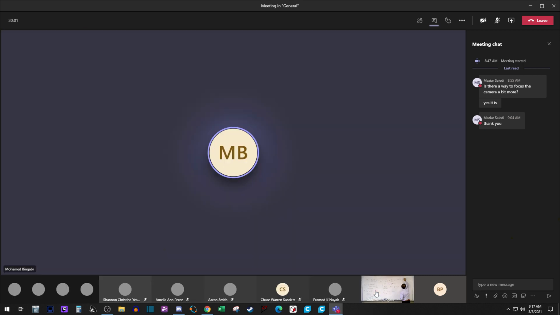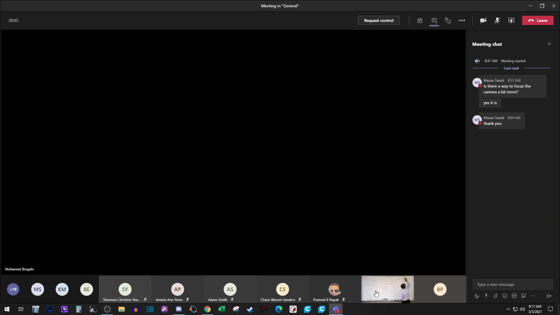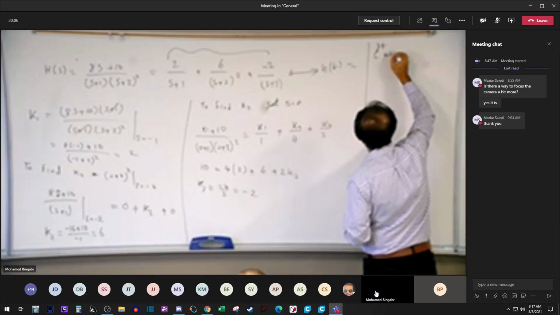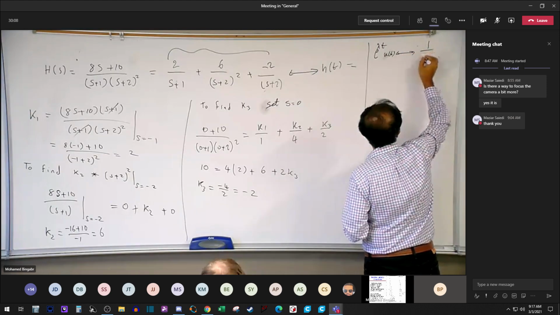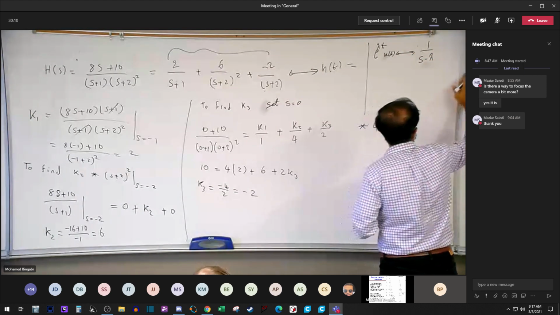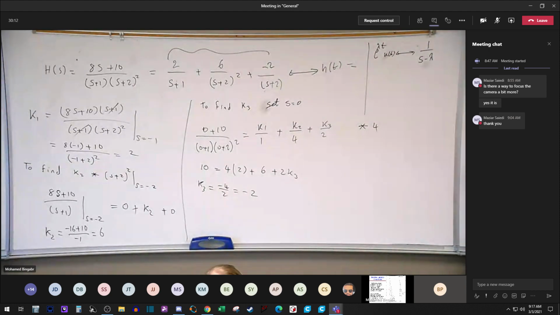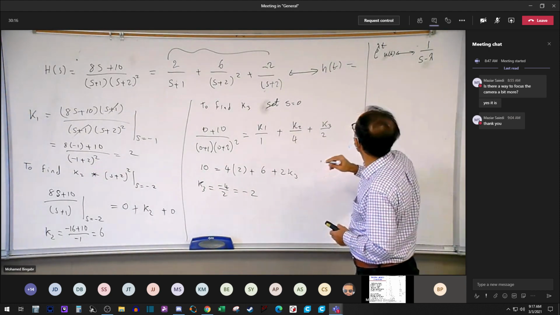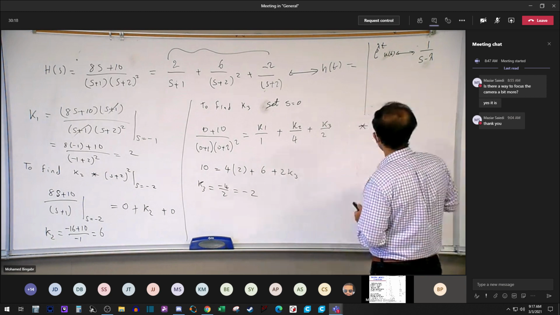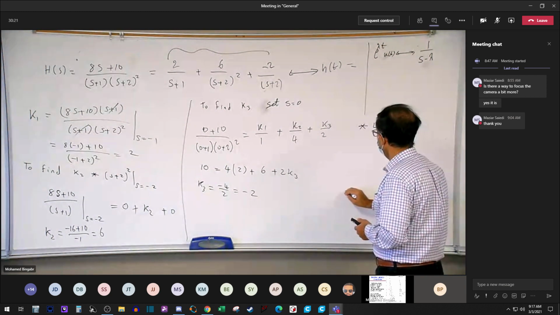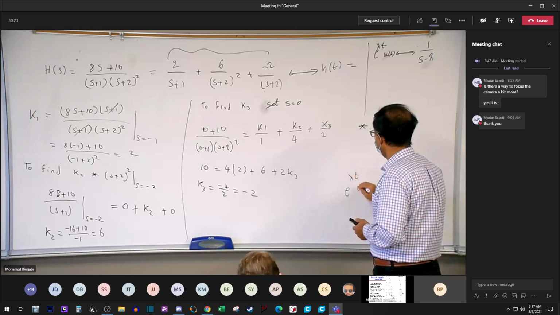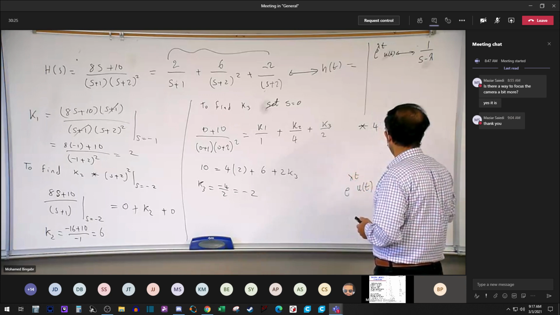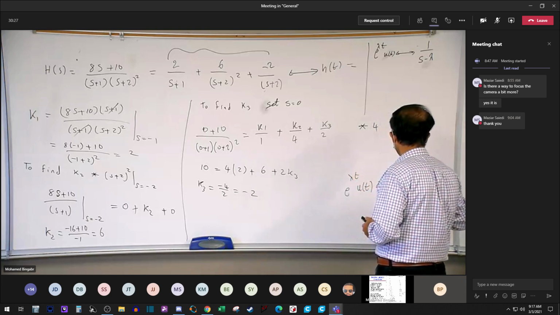So in the table, we have e to the lambda t, u of t. It's 1 over s minus lambda. So we're going to use this property. So then this one, let me write it here. e to the lambda t u of t is 1 over s minus lambda.